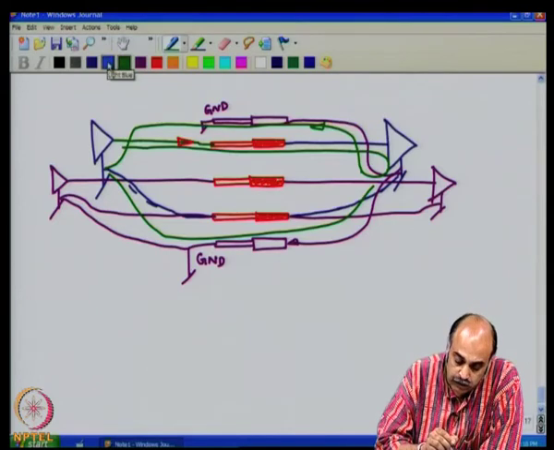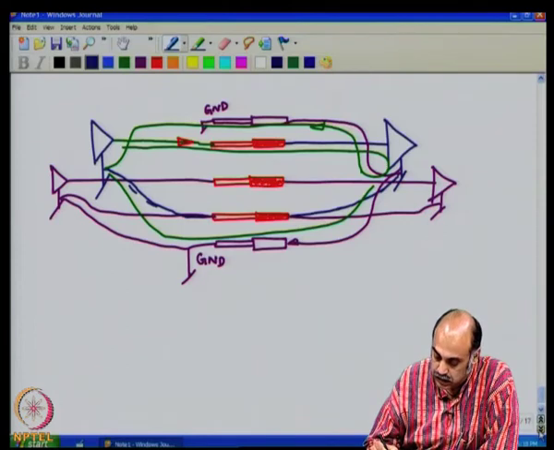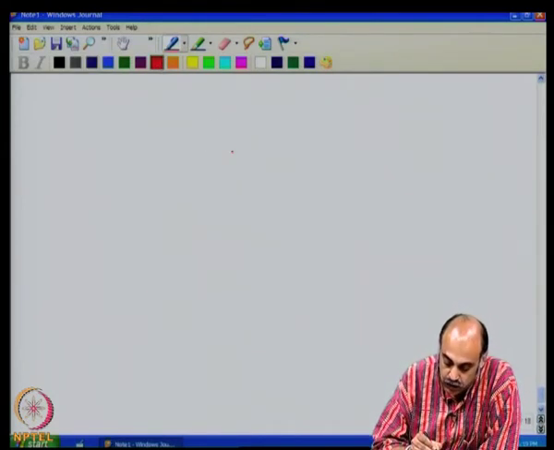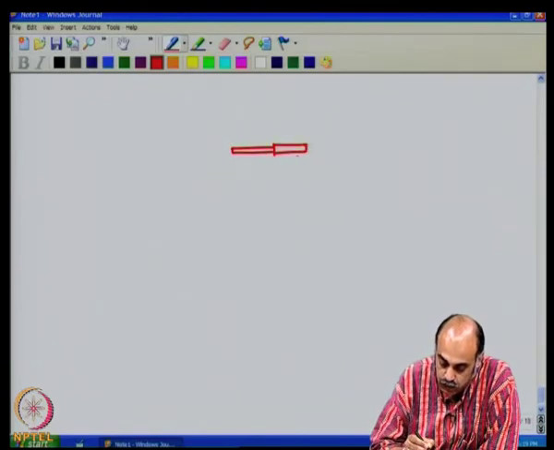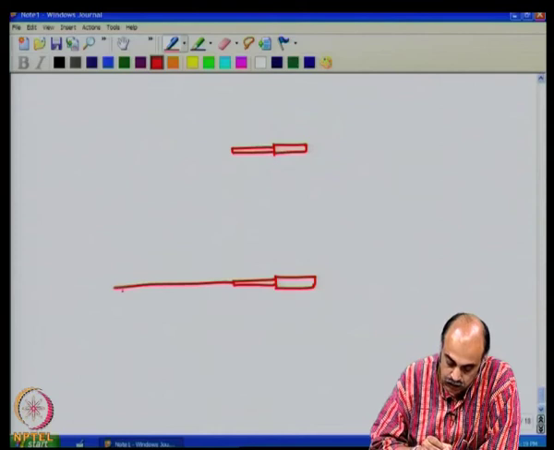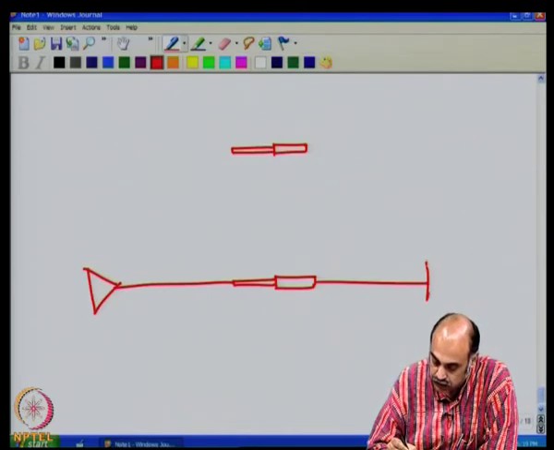So, this is one way of putting grounds on the outer side of the connectors, which are supposed to have crosstalk. Another way is to interpose grounds between the two signal lines.